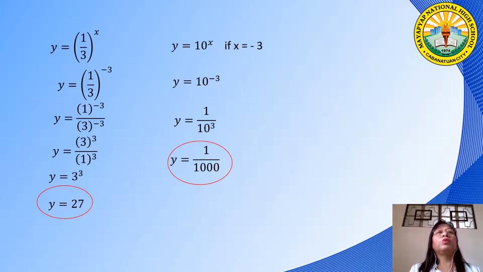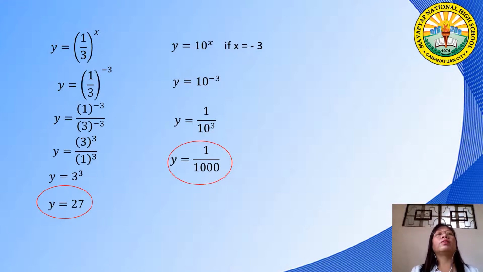Then if you use another assigned value for x, such as -2, that becomes y = 10^-2. To simplify, make your exponent positive, that becomes y = 1 over 10^2, or simply y = 1/100.